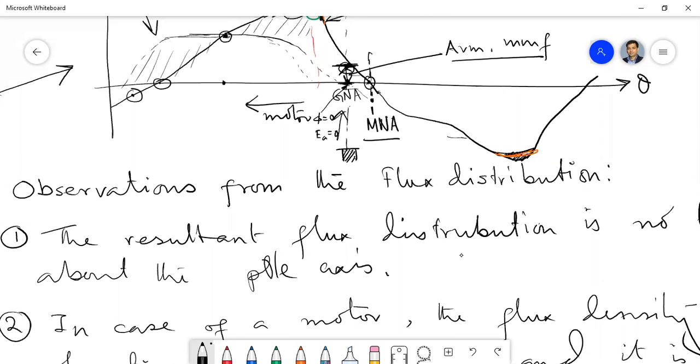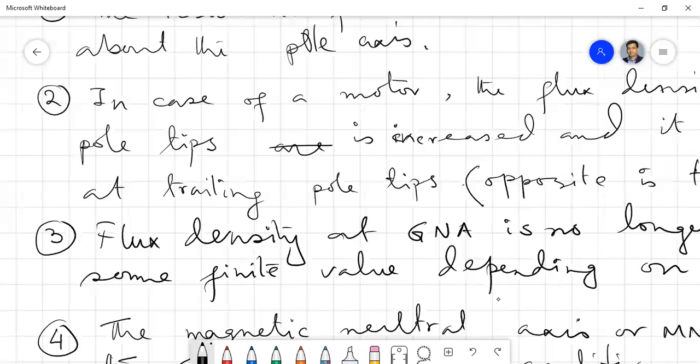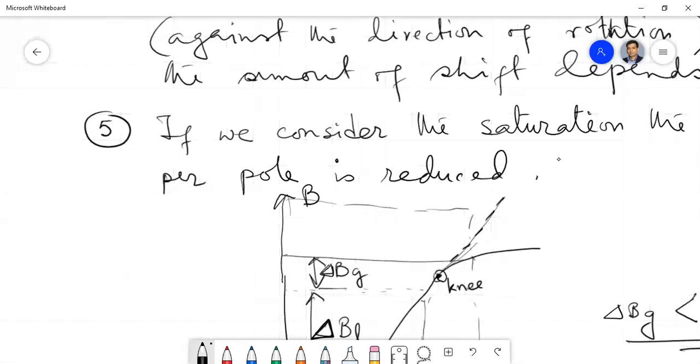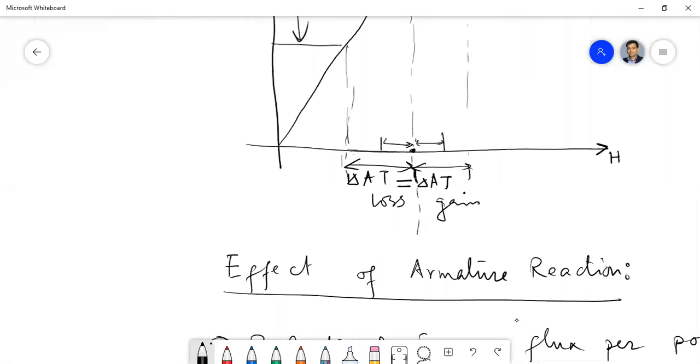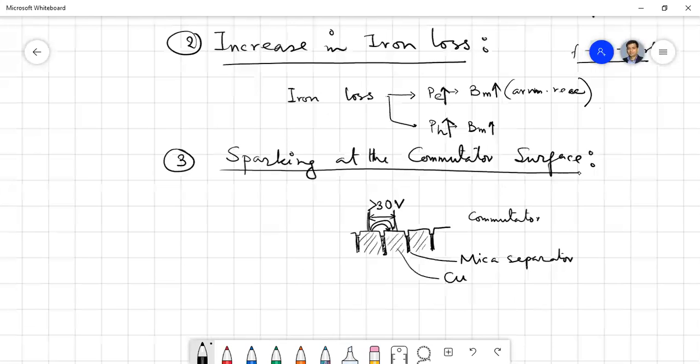Okay, and if the sparking continues, then that forms a ring of fire. So this sparking ultimately results in a ring of fire around the commutator.